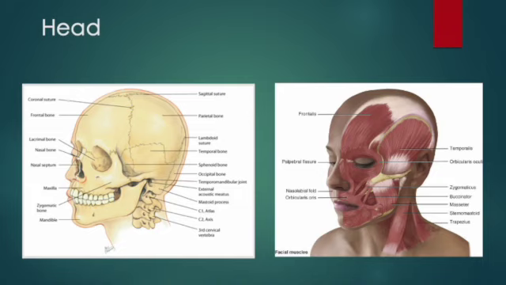Now, the human face itself, we can make many expressions that reflect our mood, and all of these expressions are formed by the facial muscles, and it's mediated by cranial nerve 7 here.